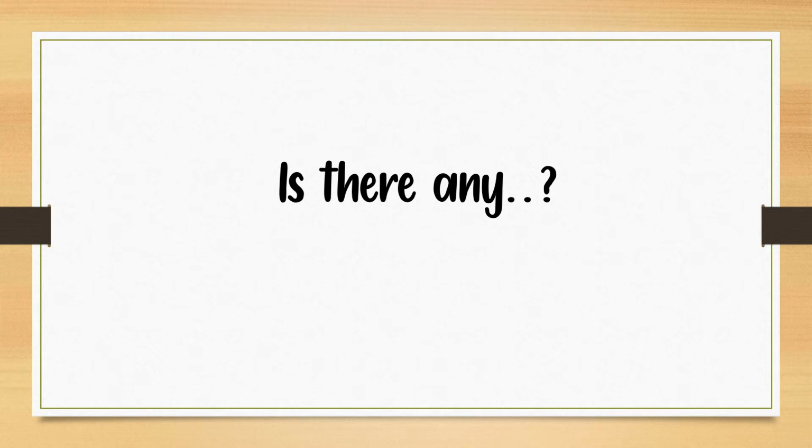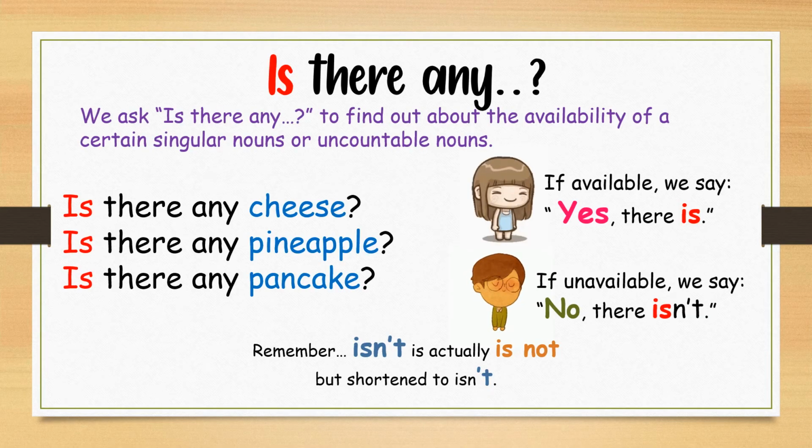All right, now it's time to learn how to use the phrase "is there any" in questions. Now let's find out how to use "is there any." We ask "is there any" to find out about the availability of a certain singular noun or uncountable noun.